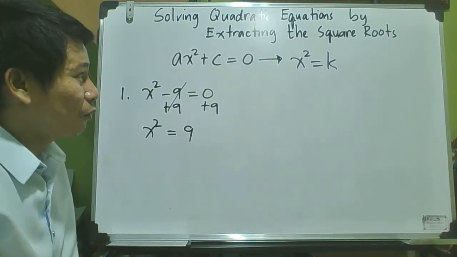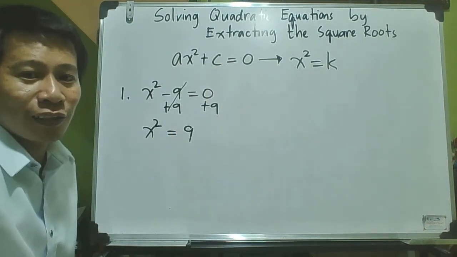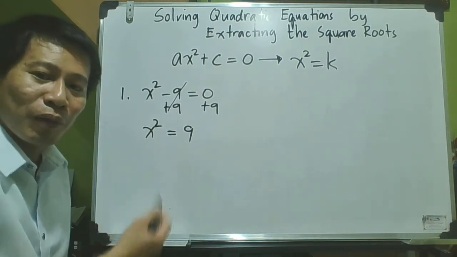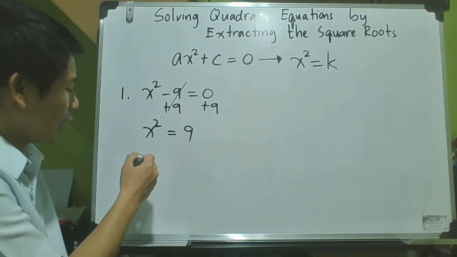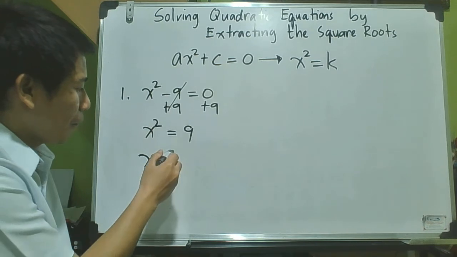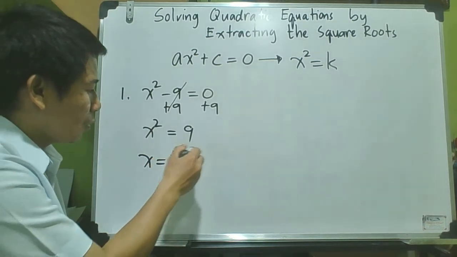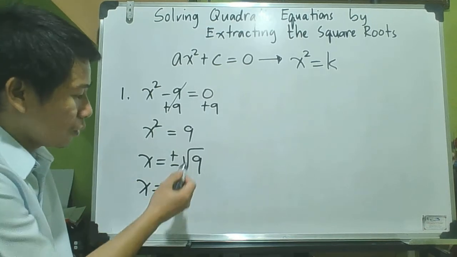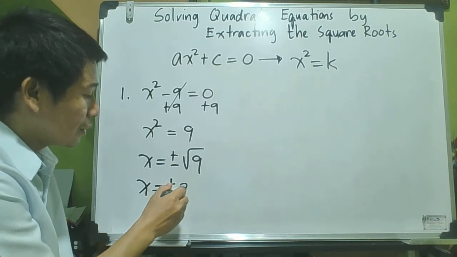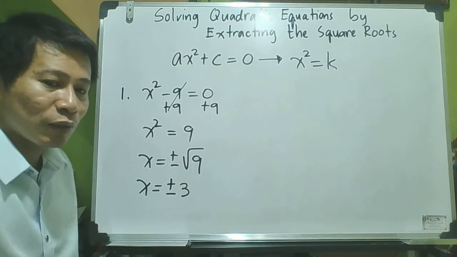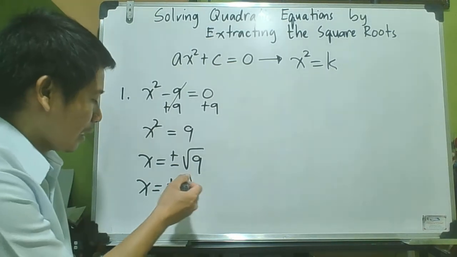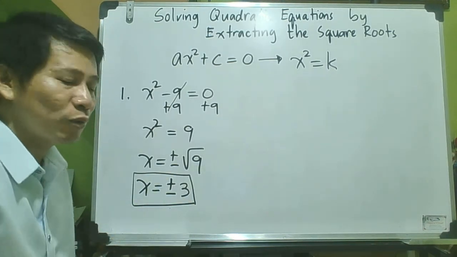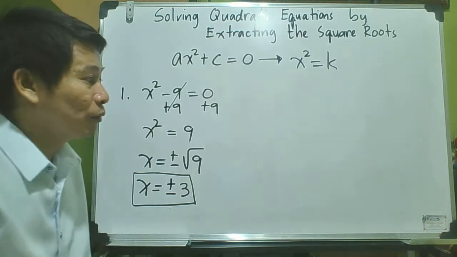And we can now use extracting square root, or we apply the square root property. So x will be equal to positive negative square root of 9, and x is equal to positive negative 3, because square root of 9 is 3. And these will be our solutions or roots.